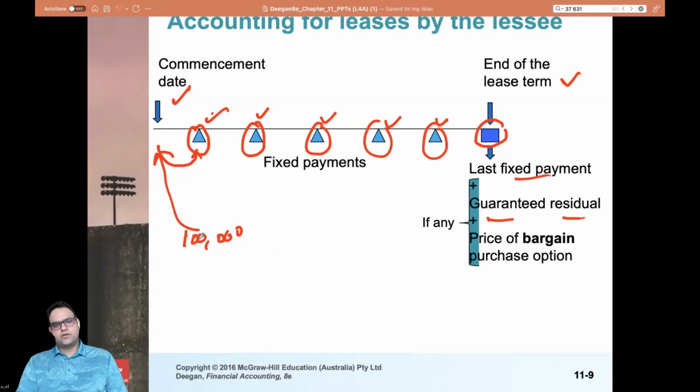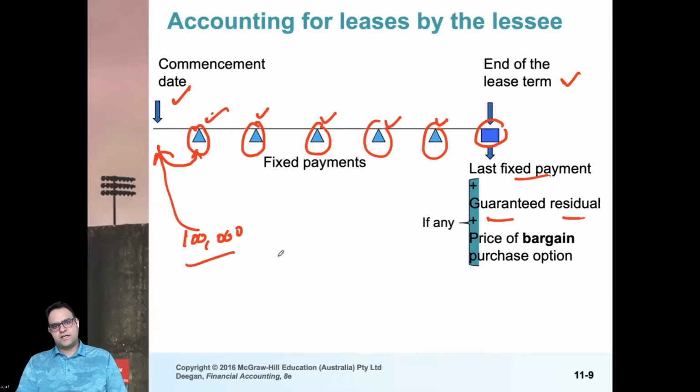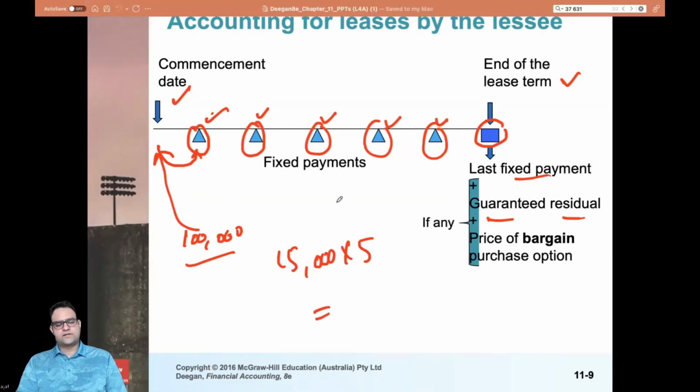For each year, you need to pay me, say, 15,000. So for 5 consecutive years, year 1, 2, 3, 4, 5, it will total around 75,000.